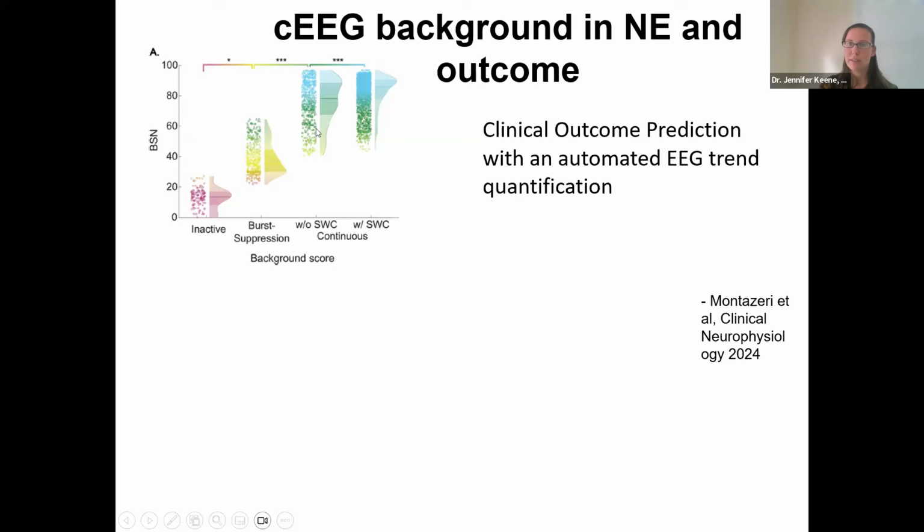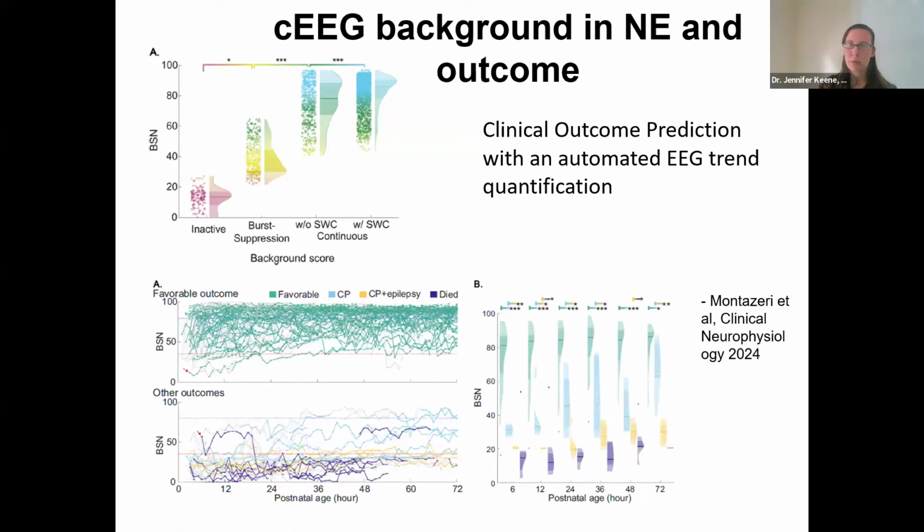correlates quite nicely. And perhaps even more importantly, when we look at some broad categories of outcome, we look at those that have a favorable outcome versus those that have cerebral palsy and epilepsy, or those who died.